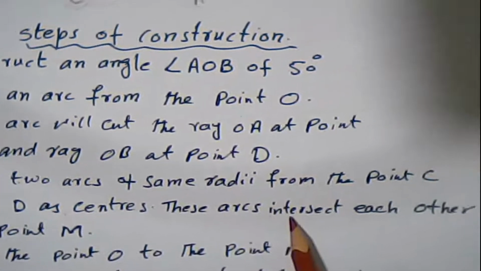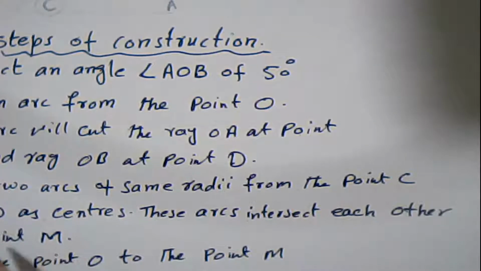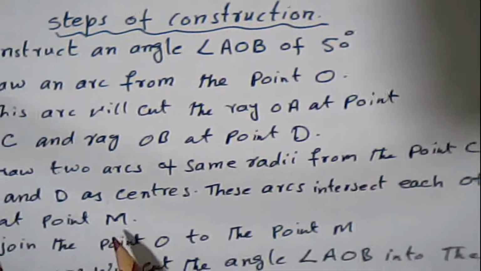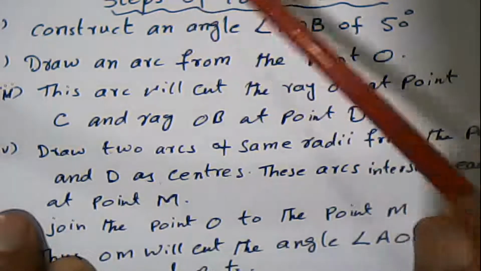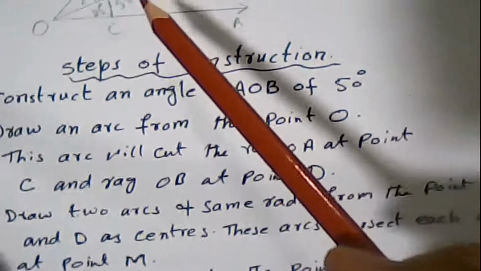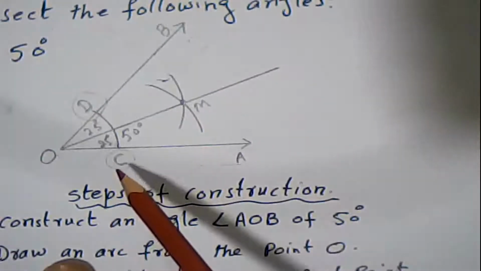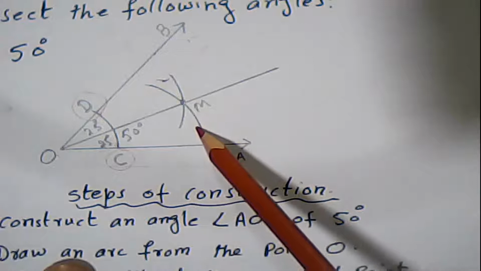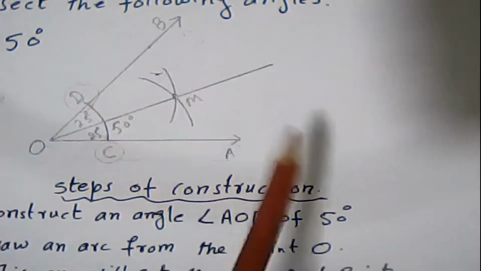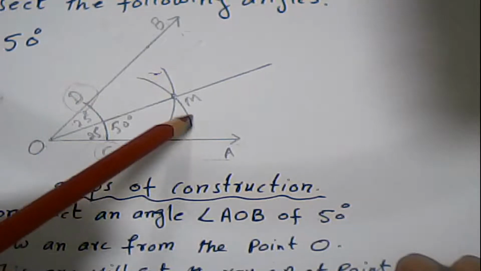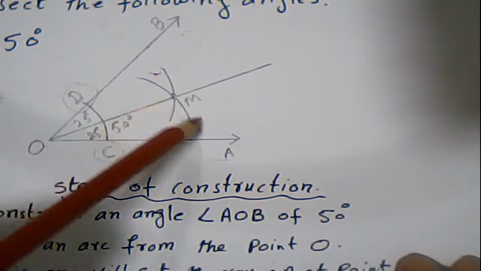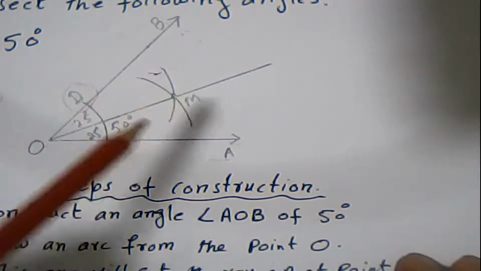These arcs intersect each other at a point M. Okay. Now we put our compass here at a point C and draw this arc, then at a point D, and they intersect each other at a point M.